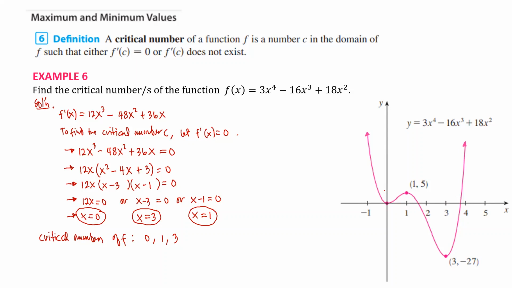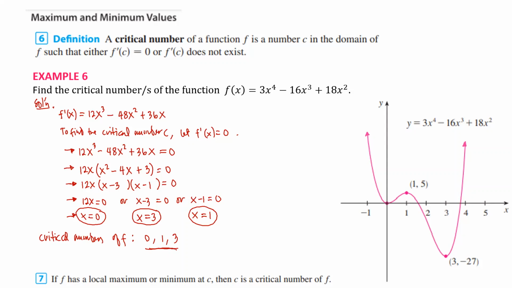The reason for that is, according to this remark, if f has a local maximum or minimum at c, and the absolute minimum here can also be considered a local minimum, then c is a critical number of f. So you have here the critical numbers of f, which are 0, 1, and 3.